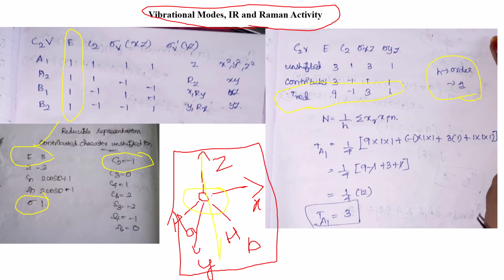Now we find the number of irreducible representations using this formula. For A1, we take 1 by h, that is 1 by order, into 3 times 1 into 1, plus -1 into 1 into 1, plus 3 into 1 into 1, plus 1 into 1 into 1. So we get the value for A1 as 3.